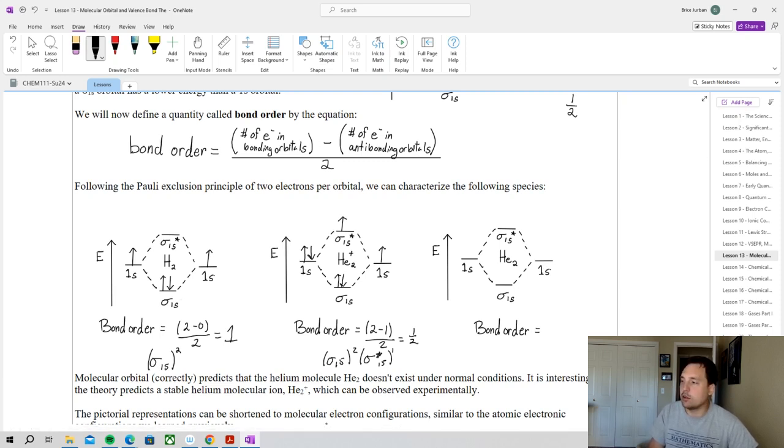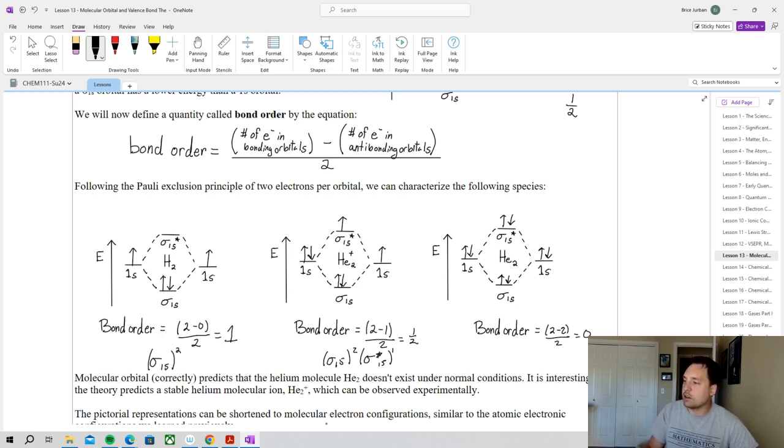The helium molecule has 4 electrons. 2 of them occupy the sigma 1s, and then the other 2 electrons occupy the sigma 1s star orbital. Because these cancel each other out, we end up finding that the bond order for the helium molecule equals 0.